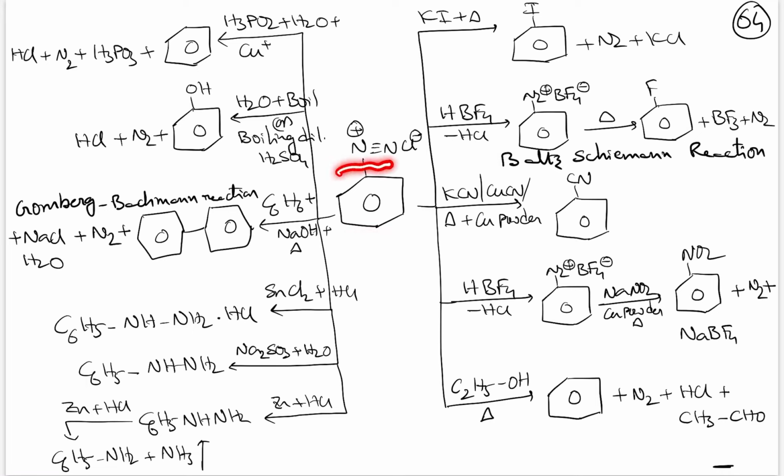And benzene diazonium chloride on boiling with water will lose the N2 molecule and form phenol. Then benzene diazonium chloride on reaction with benzene in presence of NaOH followed by heating, you will be getting biphenyl or diphenyl.